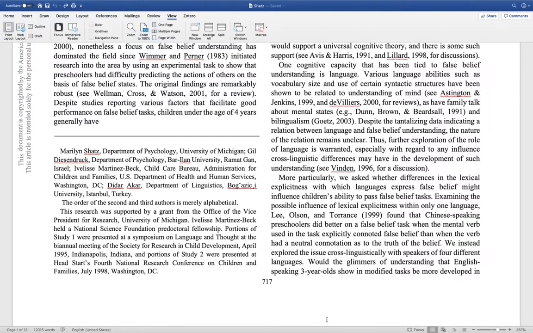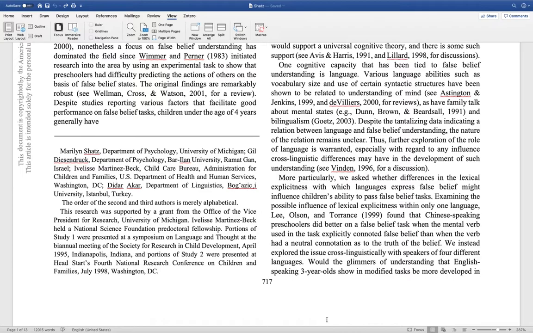false belief tasks. Examining the possible influence of lexical explicitness within only one language, Lee, Olson, and Torrance found that Chinese-speaking preschoolers did better on a false belief task when the mental verb used in the task explicitly connotated false belief than when the verb had a neutral connotation as to the truth of the belief.